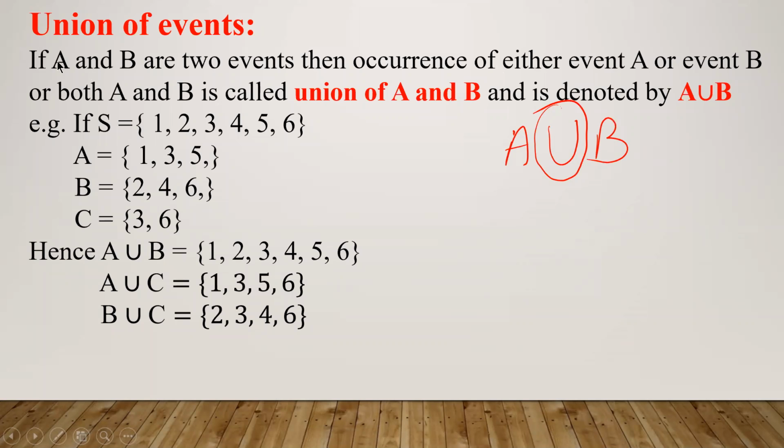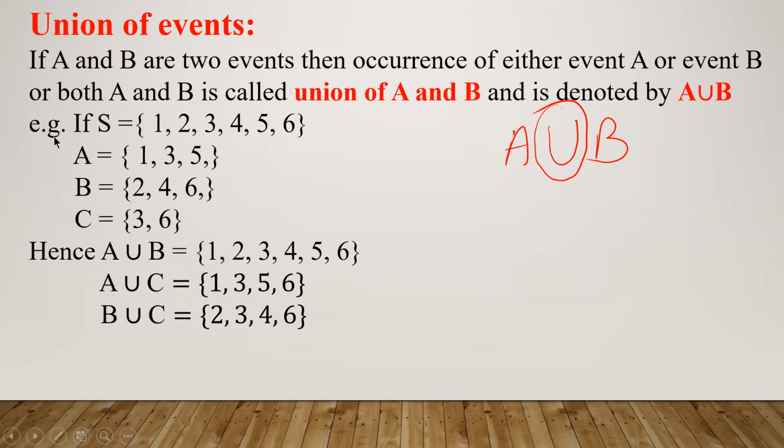If A and B are two events, then occurrence of either of the two events, either event A or event B or both A and B, is called the union of A and B. So when will we say A union B has occurred? If either A occurred or B occurs or both occur, then we say that A union B has occurred.